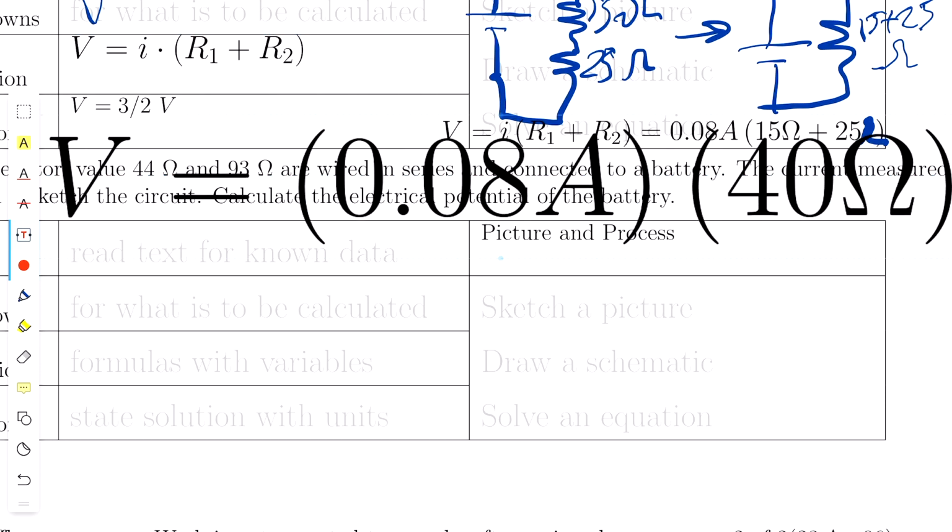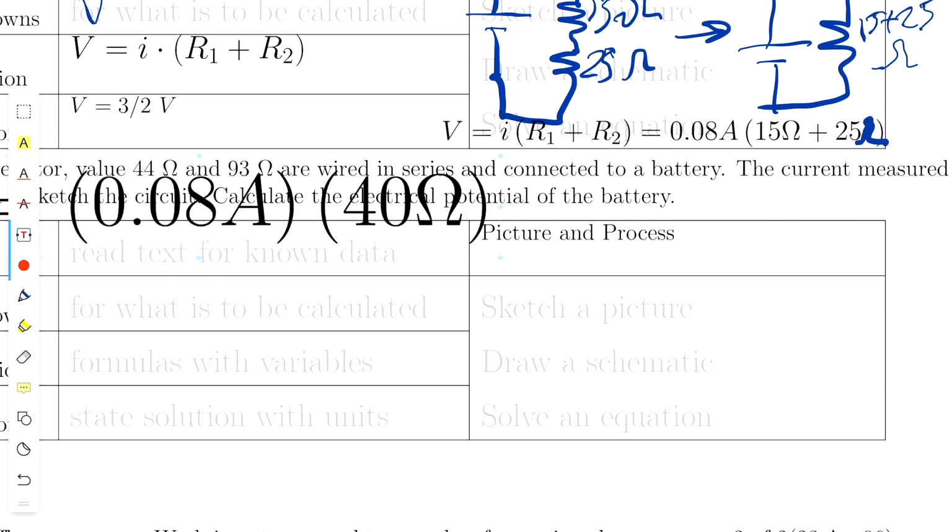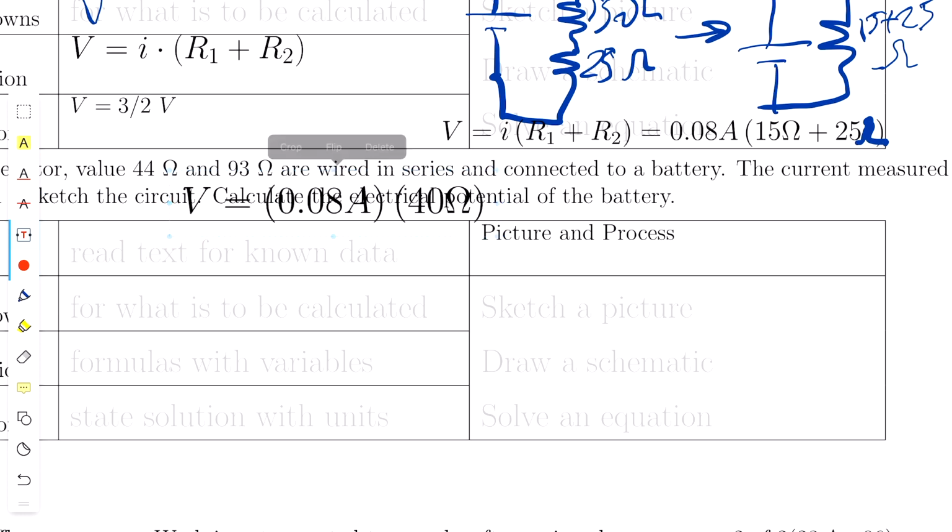And if you put that, I'm not sure why I have 3/2 there. I'll fix that on your page.